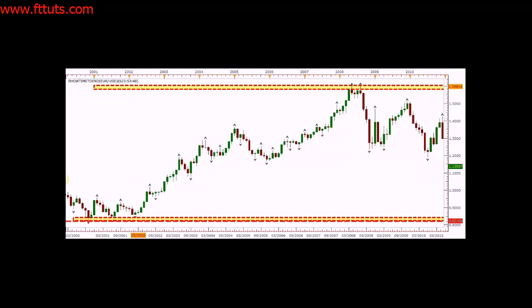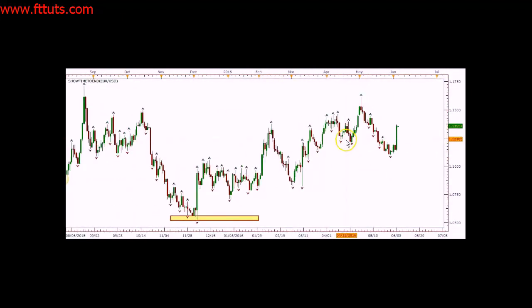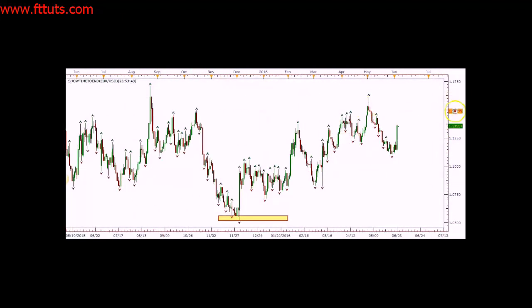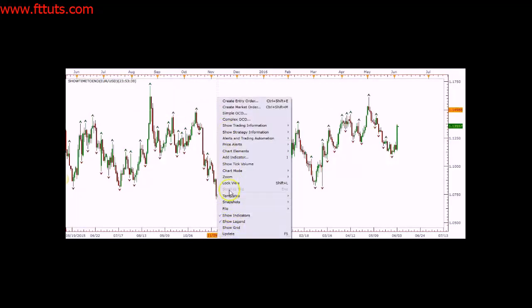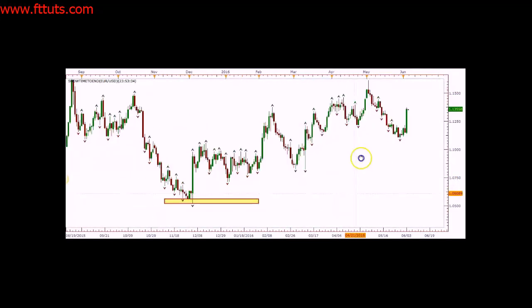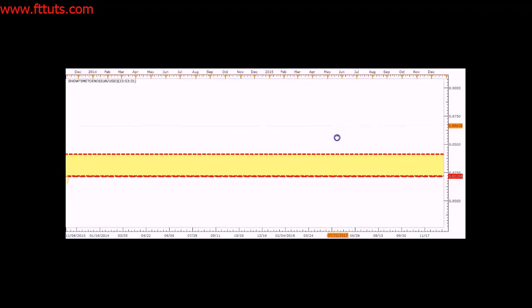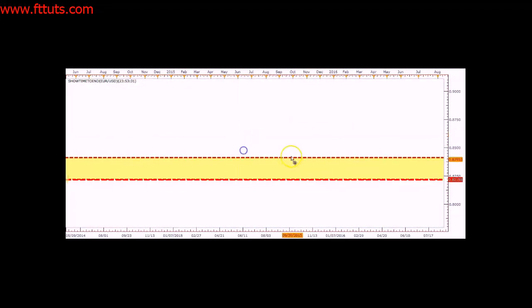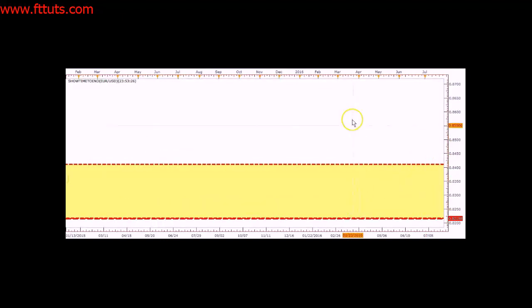So now when we go to the daily, let's see if we can see that level. What I'm going to do is this. So now let's look at that level, if price ever gets back to that level. Okay, so here's that level. If price ever gets back to that level, look how big of a zone it is.